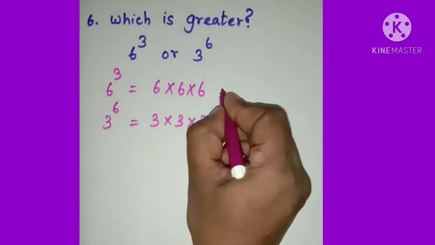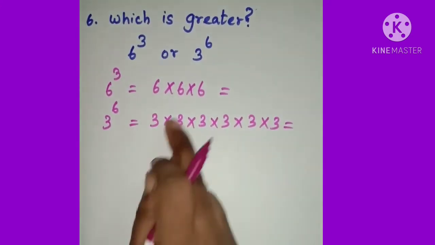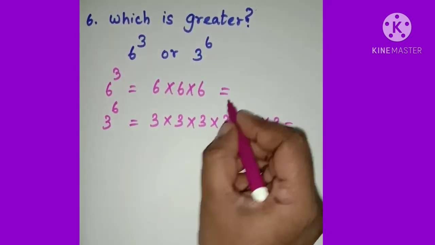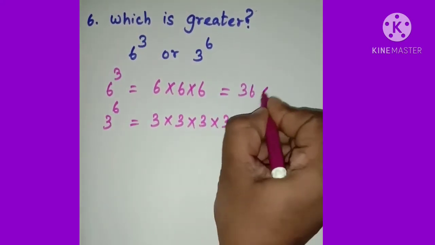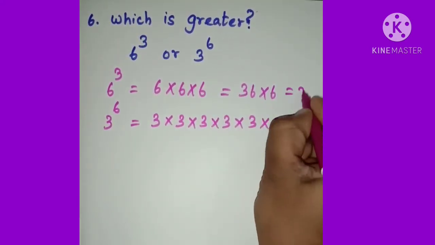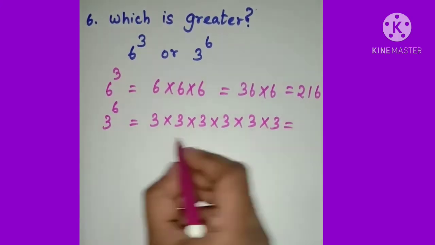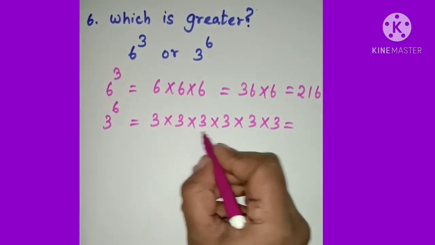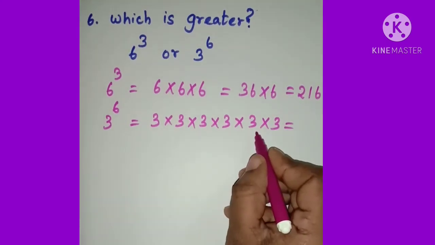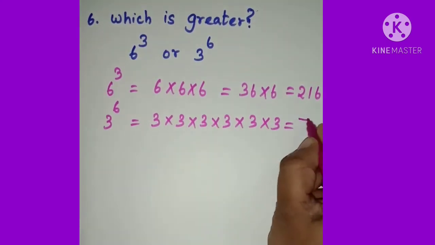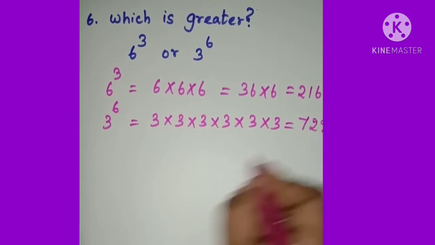Now let us find the values for these expansions. So now 6 into 6, 36. 36 into 6 is 216. Now 3 into 3, 9. 9 into 9, 81. So 81 into 9, which is 729.